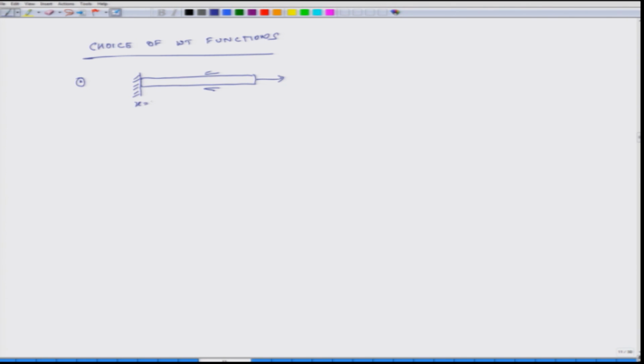At x is equal to 0, u is equal to 0, right. Then when I am making a choice for weight function, I have to ensure that W is 0 at x is equal to 0.